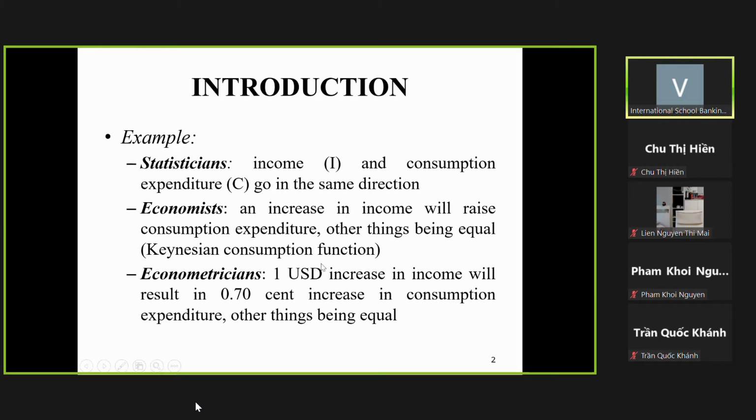That means we need to find out this number, for example, 0.67 here. So in econometrics, we want to quantify the relationship between income and consumption expenditure. With this example, you can have the first idea of the scope and the purpose of the subjects: statistics, economics, and econometrics.